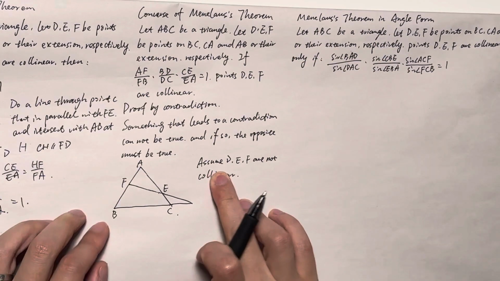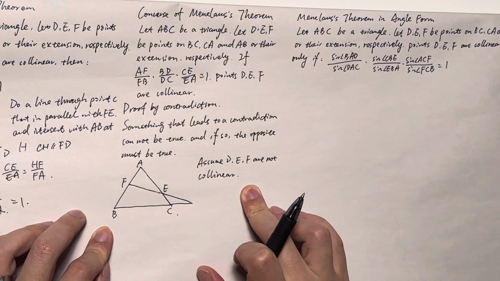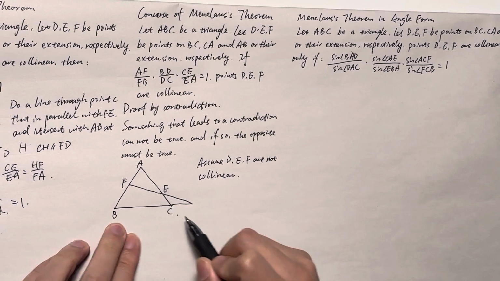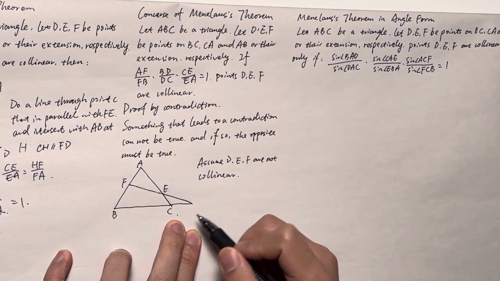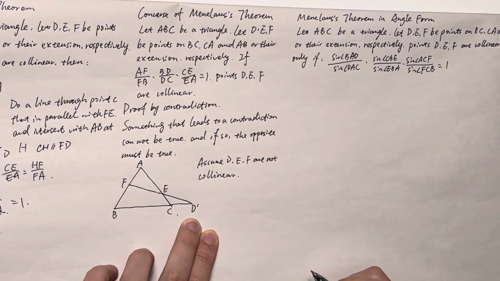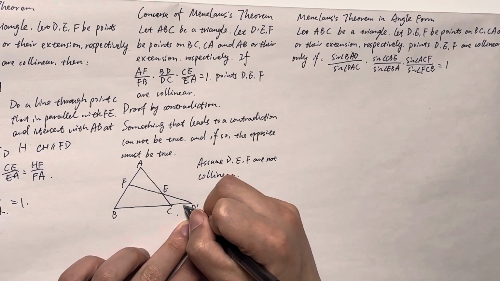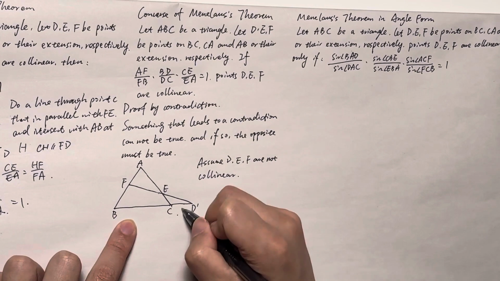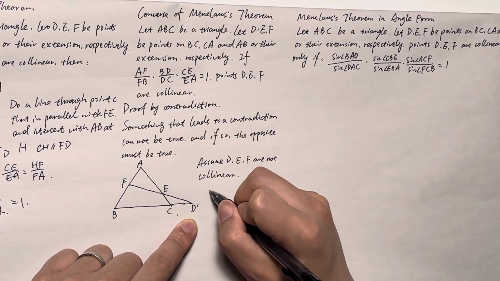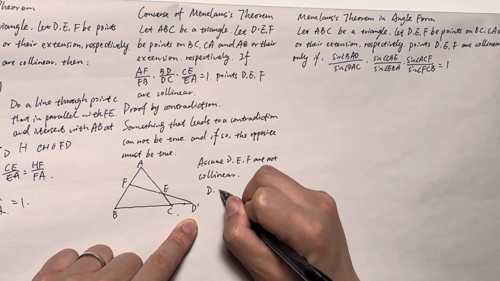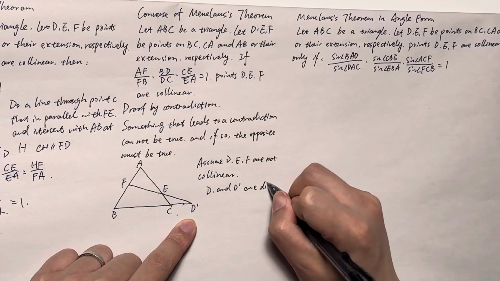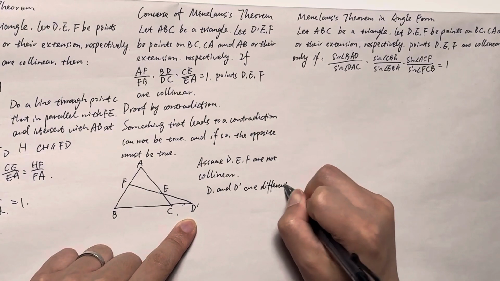But we assume that DEF are not collinear. So if we extend FE so that it intersects with the extension of BC, we can call this point D prime. And we know that D is on BC. It's just a different point from D prime. So D and D prime are different points.